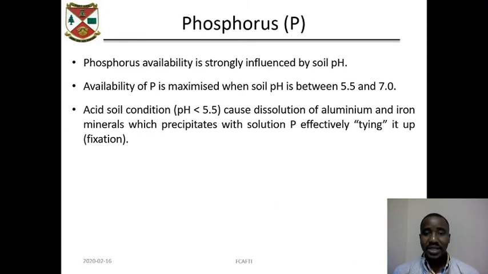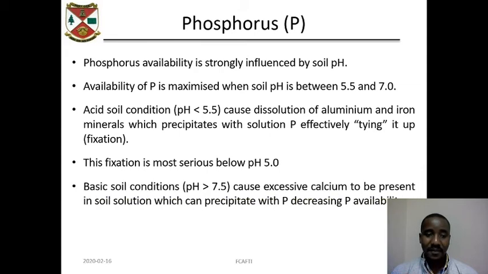Acid soil conditions, that is, when the soil pH is less than 5.5, cause dissolution of aluminium and iron minerals, which precipitate with soluble phosphorus, effectively tying it up or fixing that phosphorus in soil colloids. This fixation is most serious below pH 5.